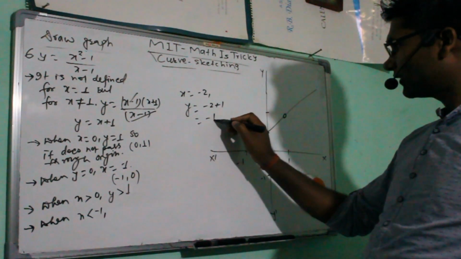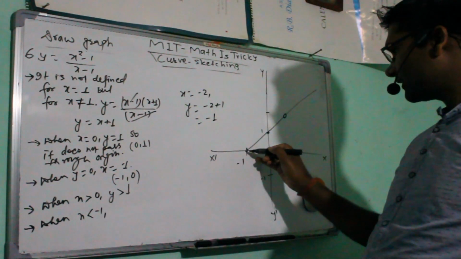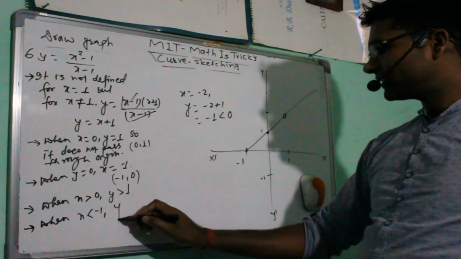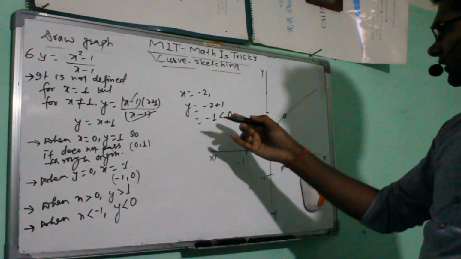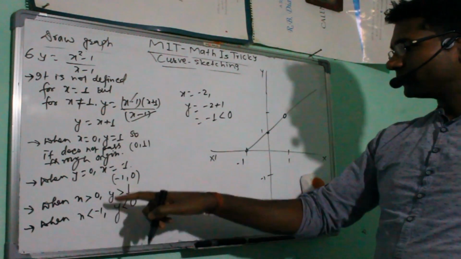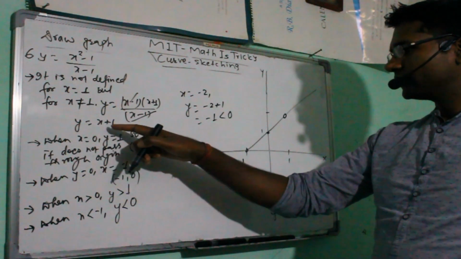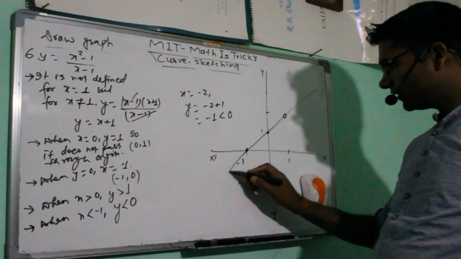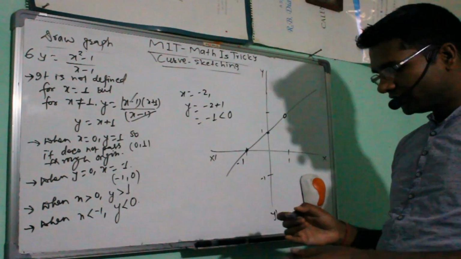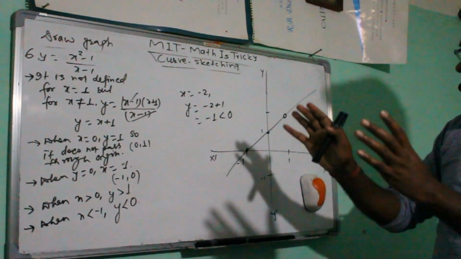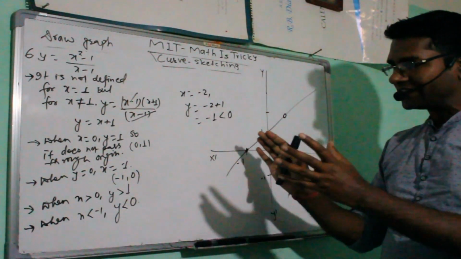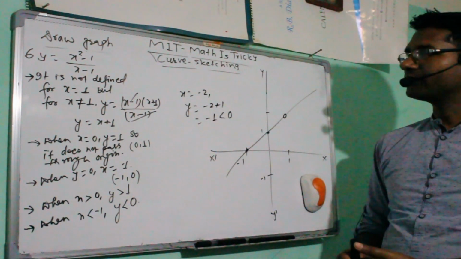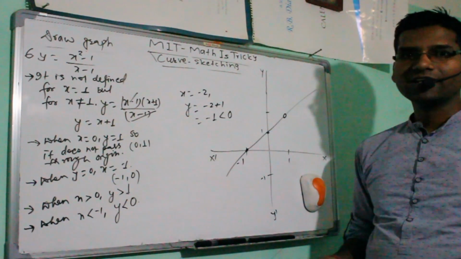So here y is less than 0, isn't it? If you put minus 2, so minus 2 plus 1 is minus 1, which is less than 0, it means here it goes down. So from all this information, from all these characteristics we have got here, we can easily draw the graph of y equals (x squared minus 1) by (x minus 1).